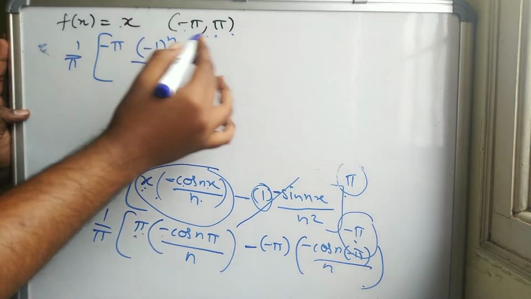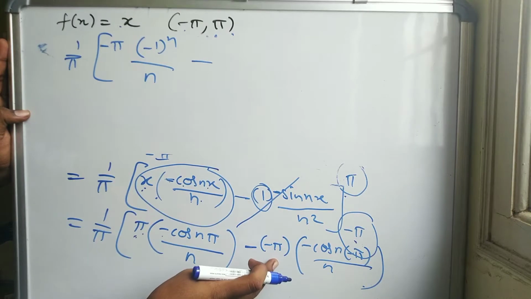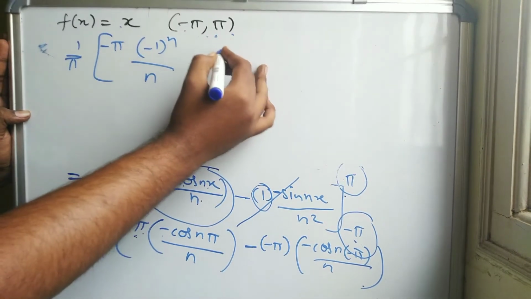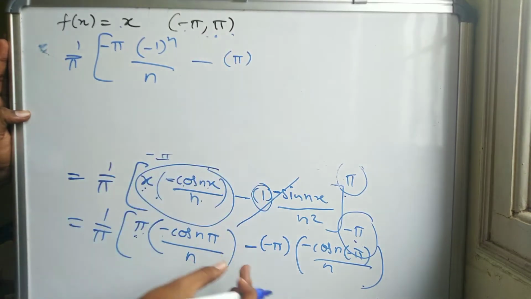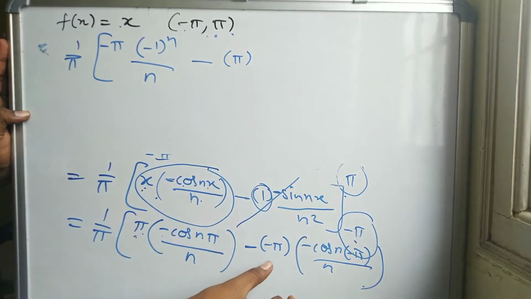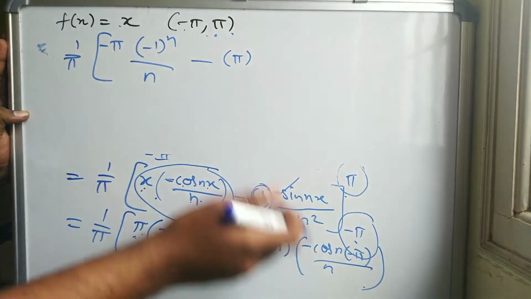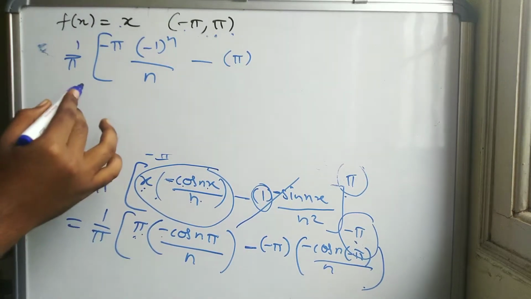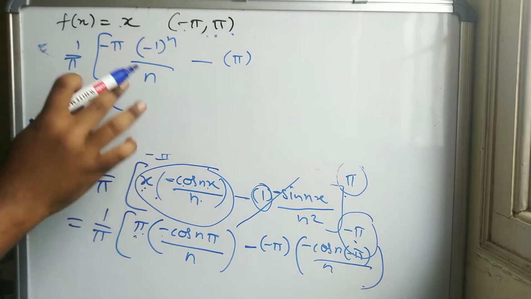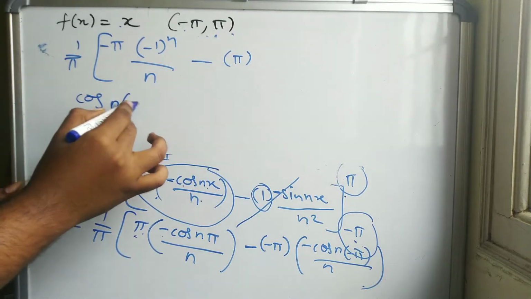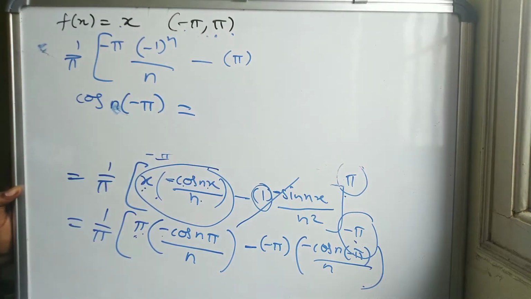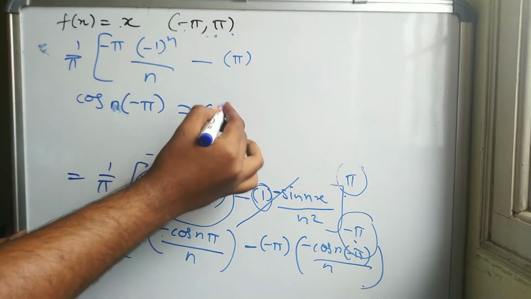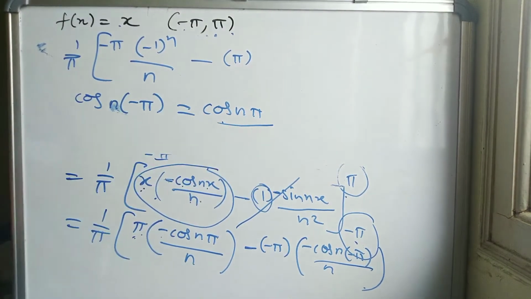Got it? Minus pi, here one more minus is there, take it outside, this becomes pi. This minus is there already, so minus pi, and this minus gets this, so plus. Now remember cos of n minus pi: n you leave, cos minus theta is cos theta, so n remains as it is.